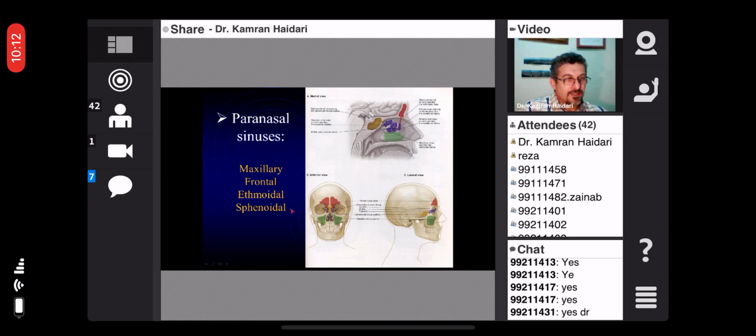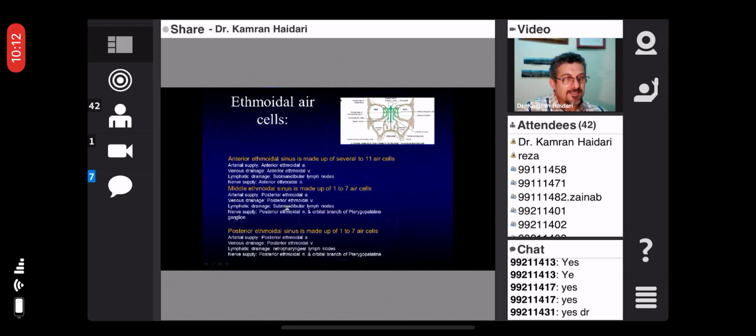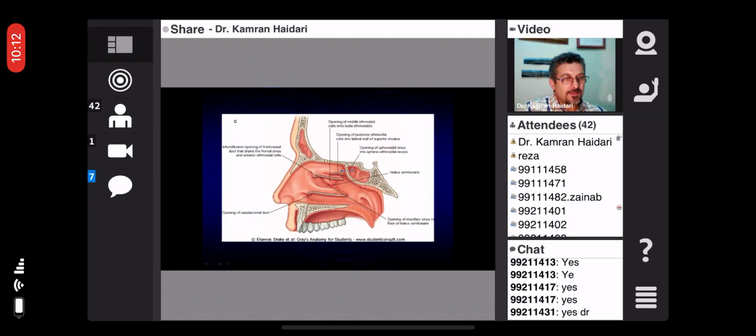All right, I'll show you the bulla ethmoidalis. Rounded swelling, okay, bulla ethmoid cells, and the opening of this sinus is here under cover of the middle meatus.